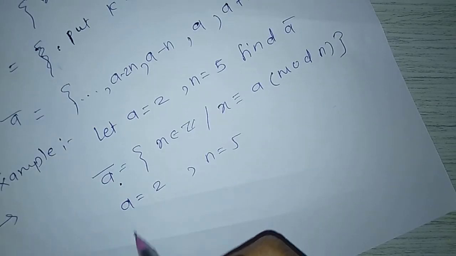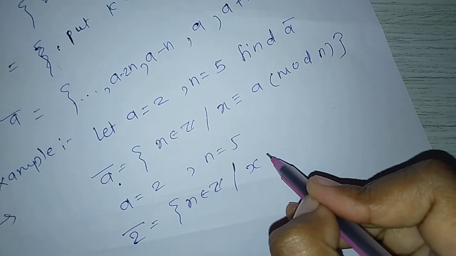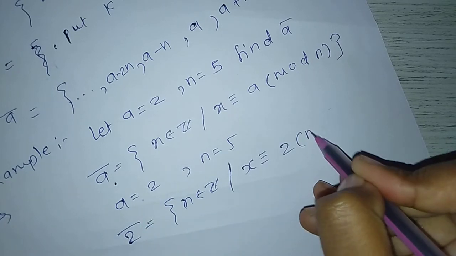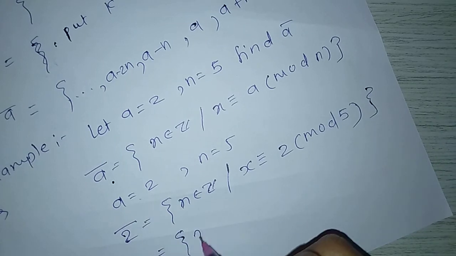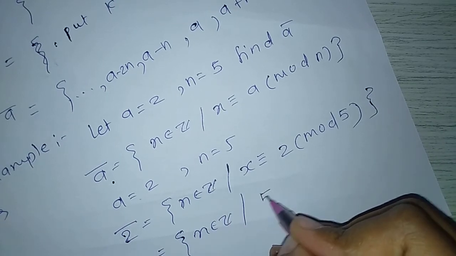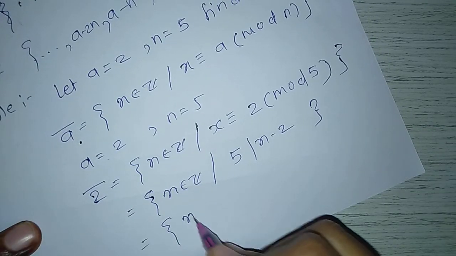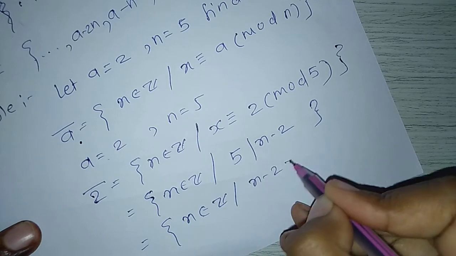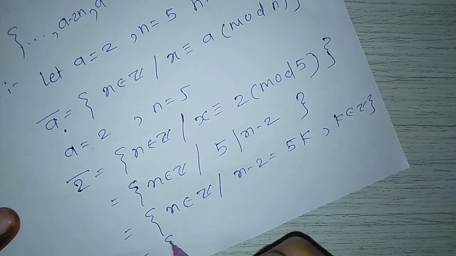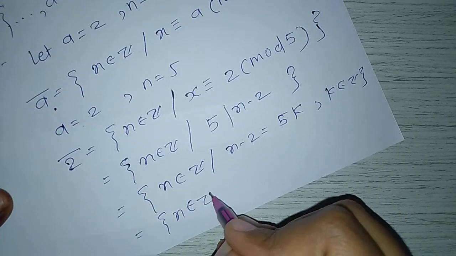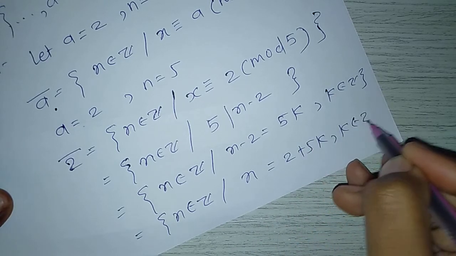Put in this, 2 bar equals x belongs to Z such that x is congruent to 2 modulo 5, equal to x belongs to Z such that 5 divides x minus 2, equal to x belongs to Z such that x minus 2 equals 5k, k belongs to Z, which is equal to x belongs to Z such that x equals 2 plus 5k, k belongs to Z.